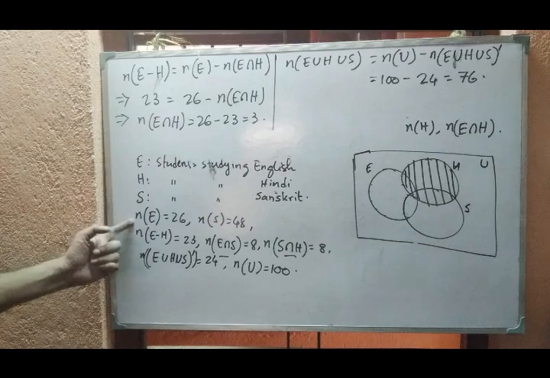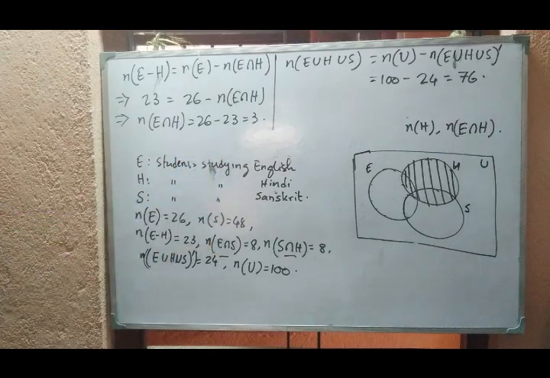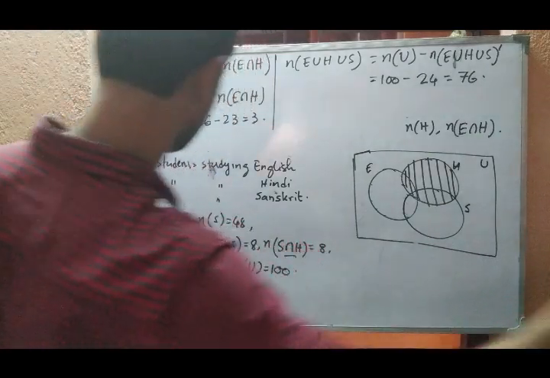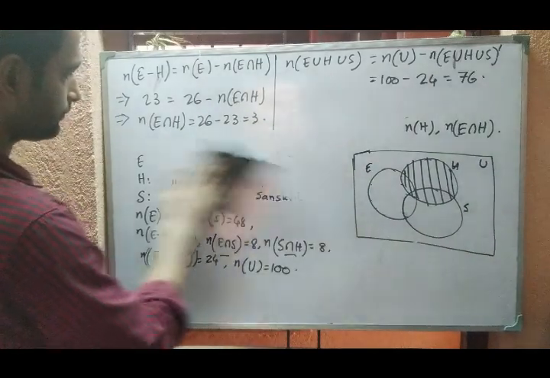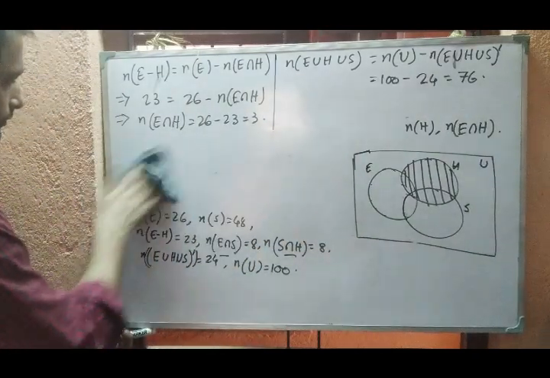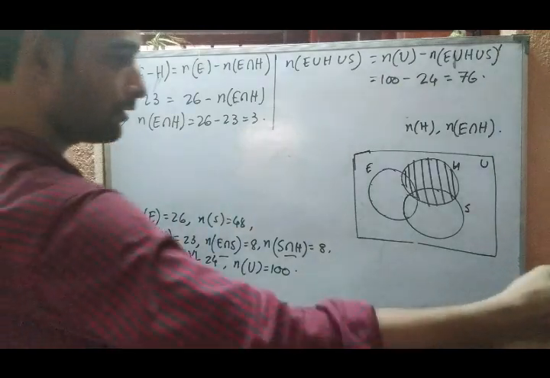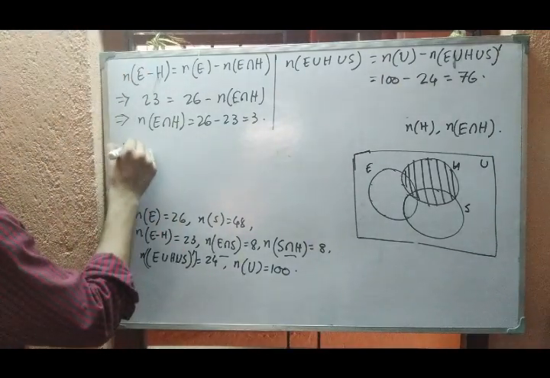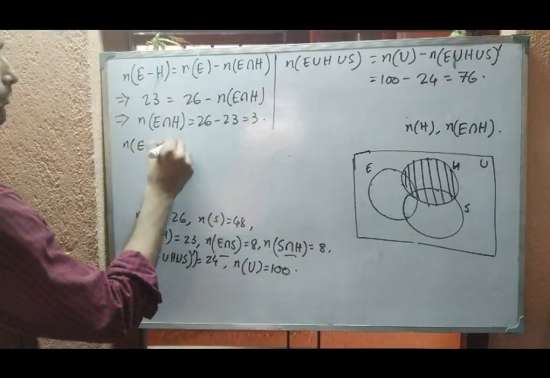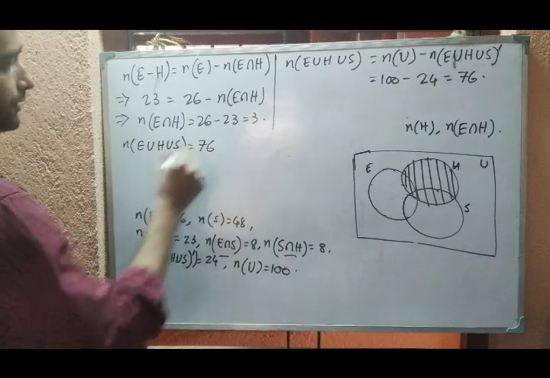Now see, we almost have all the terms for the formula of union, and we now find that. So n of E union H union S is equal to 76.